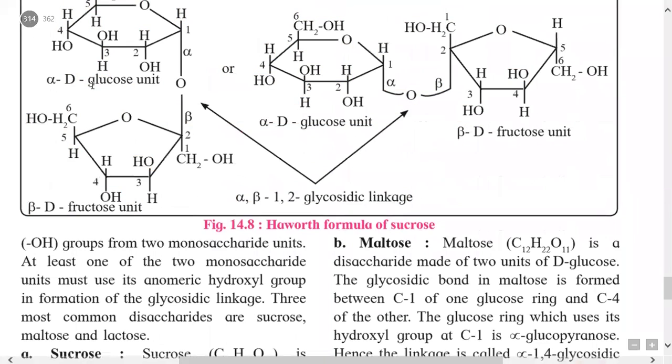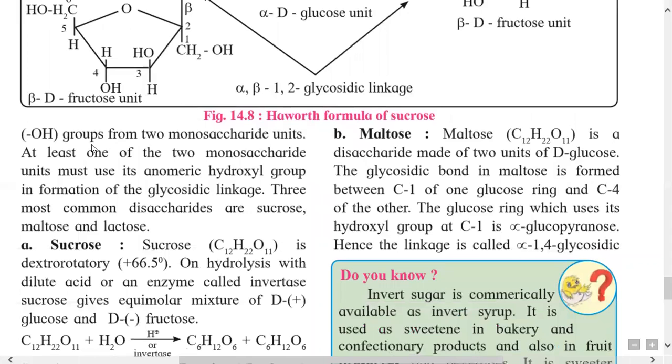Here the alpha OH group of glucose at carbon number 1 gets bonded with the beta OH group of the fructose molecule. This alpha beta bonding is called an alpha beta 1,2 glycosidic linkage, and this structure is called the Haworth formula for sucrose.